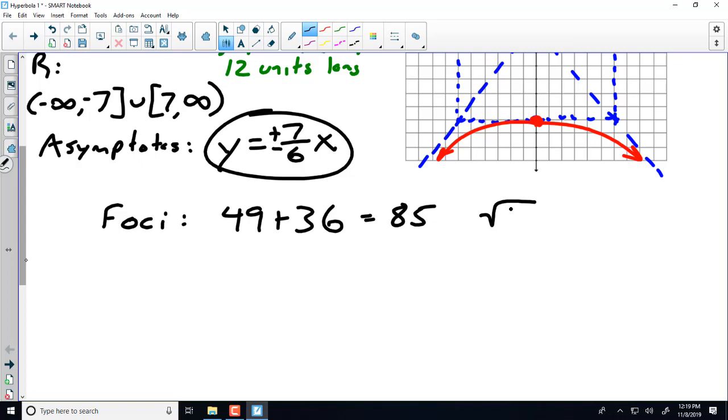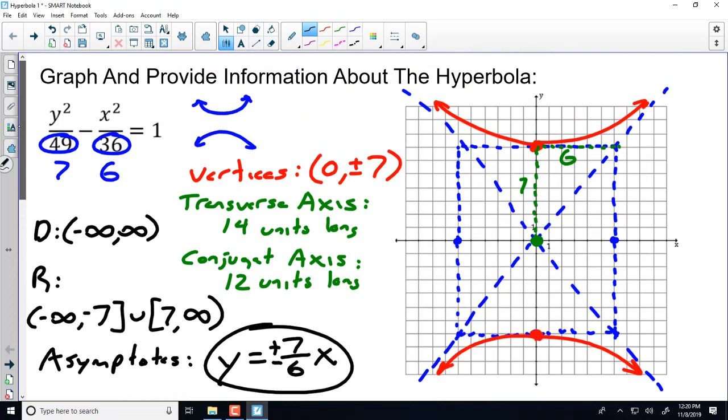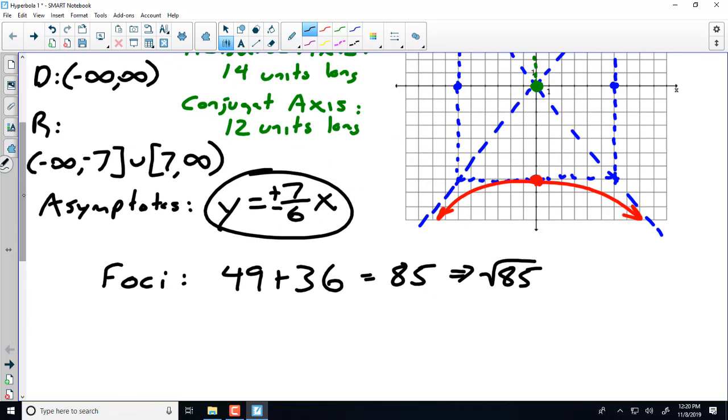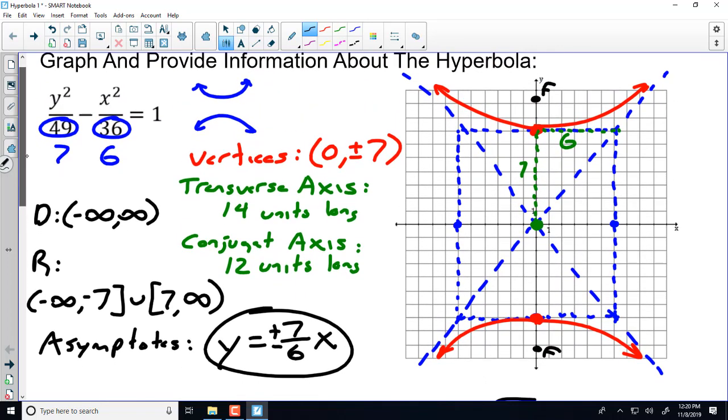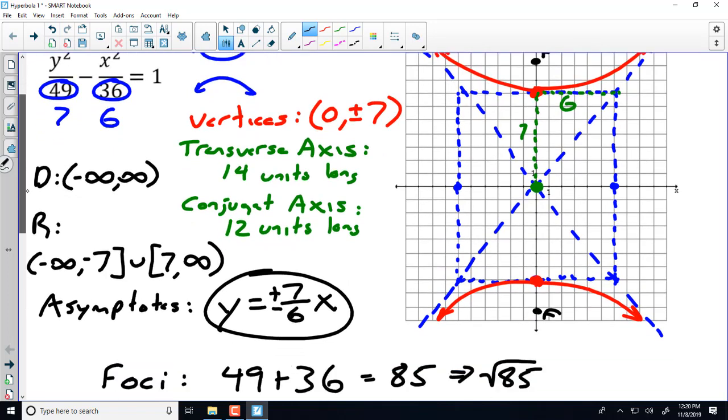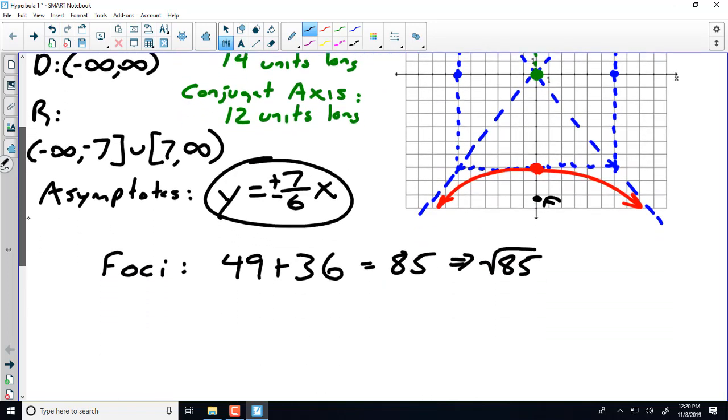So square root of 85. And that's how far we go up and down to get to our foci. Now, 85 is actually just a little bit bigger than 9. So our foci are going to be right here and right here. Sorry, I'm sliding the drawing around so much, everyone. There you go. And then the ordered pair, since they're up and down, would be 0 plus or minus square root of 85.